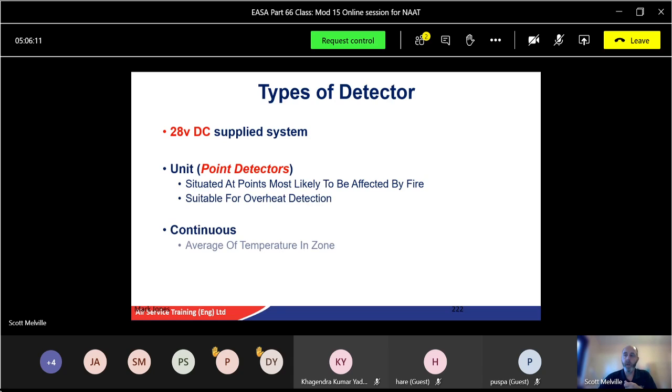Continuous type is an average over a temperature in the zone. These will be like firewire, which we'll come on to shortly. For max coverage of the zone, you'll see these on the fire doors and the cowlings of engines, these little thin wires. These are actually a fire detecting wire.